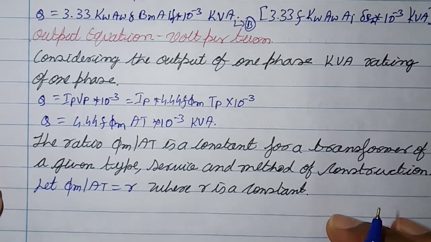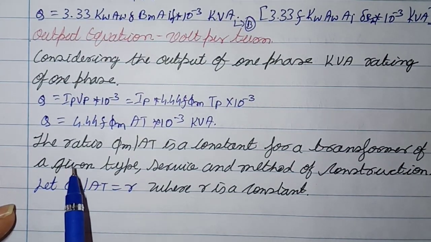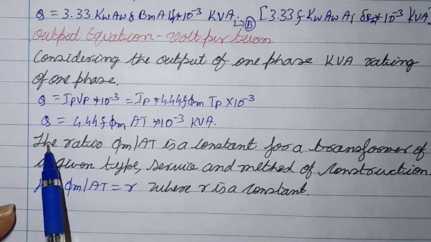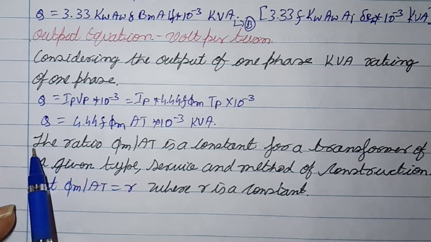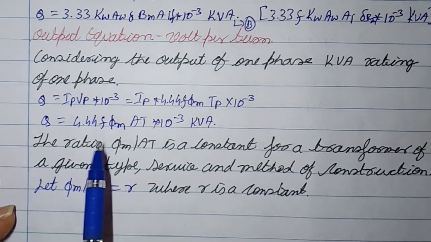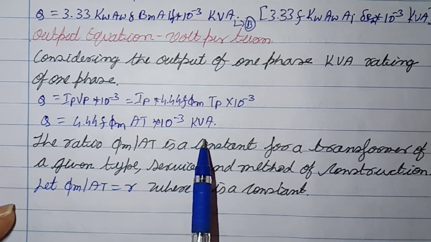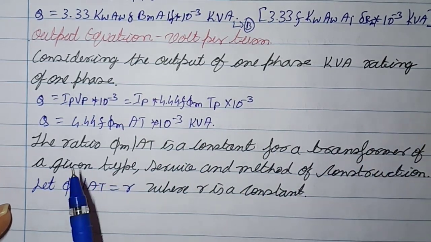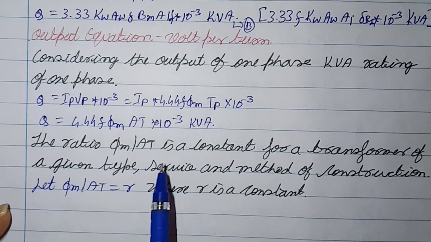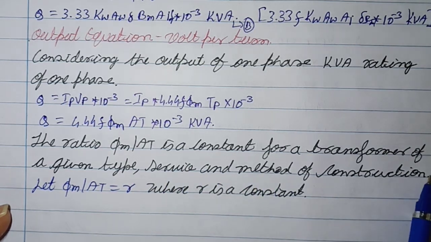Next, we are taking a ratio that is a constant K. The ratio phi m by ampere turns is a constant for a transformer for given type, service, and method of construction.